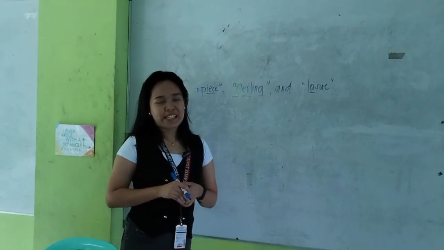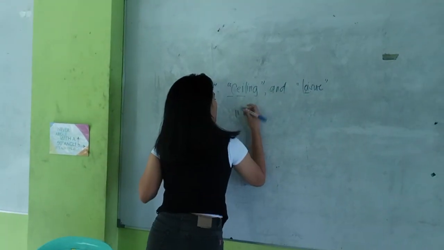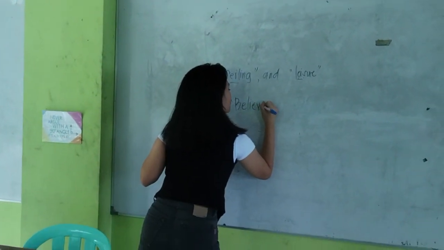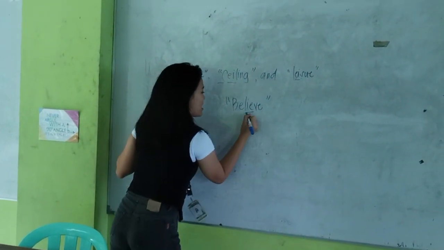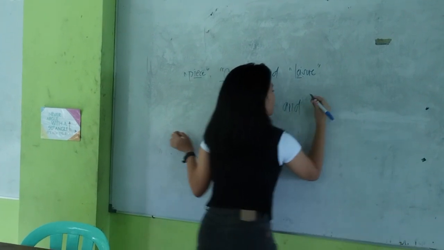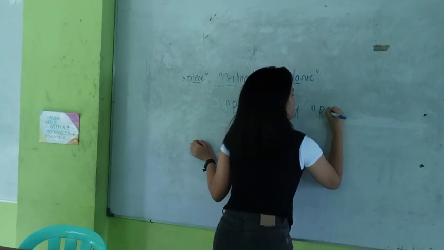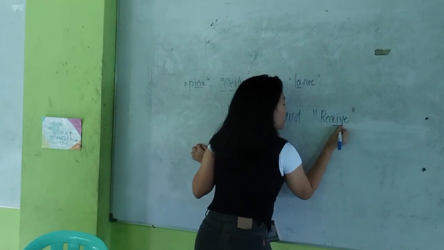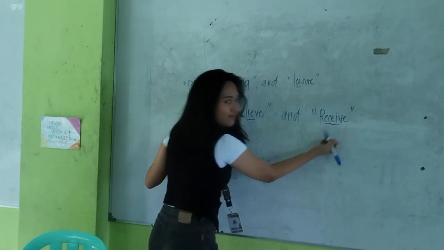Let's look at these further examples. The words believe, believe, the letters I and E, and receive, receive, E, I after C.